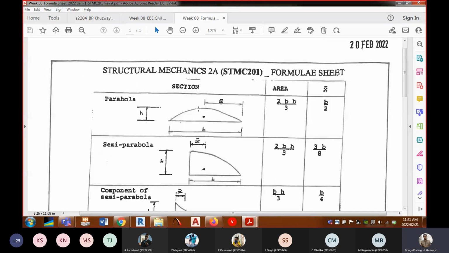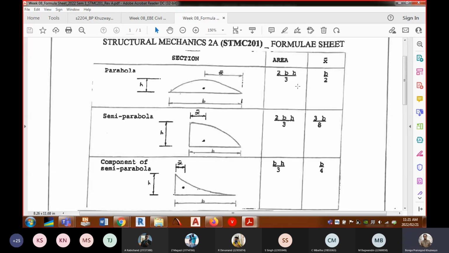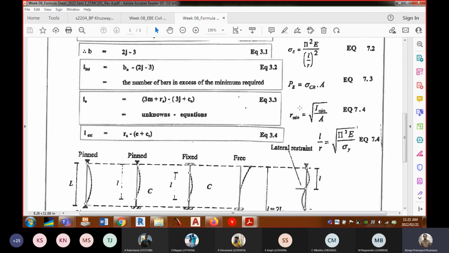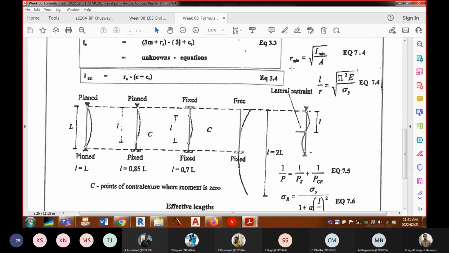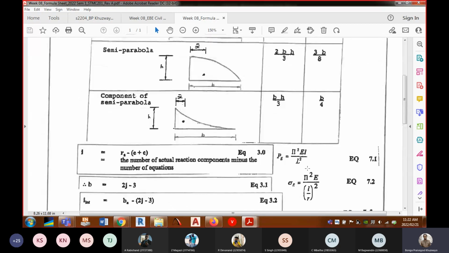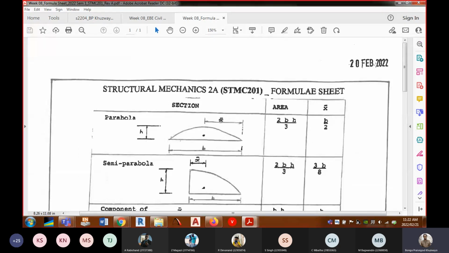I'll make copies of the formula sheet, but you need to keep your own copy at home when studying so that you are fully aware which formulas I will give and which one I will not give. As you can see here, this formula sheet is only 1 page, and this one is for 2022 semester 1.